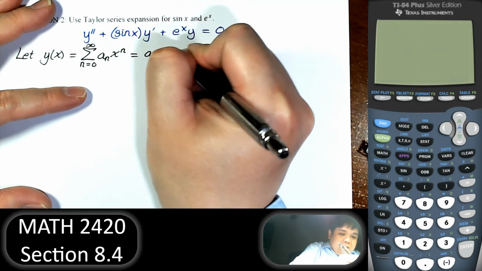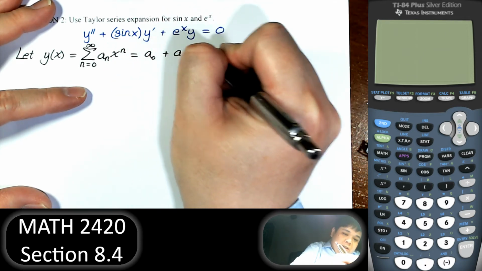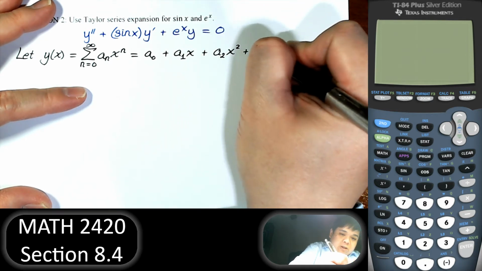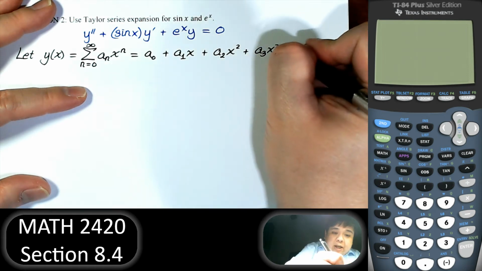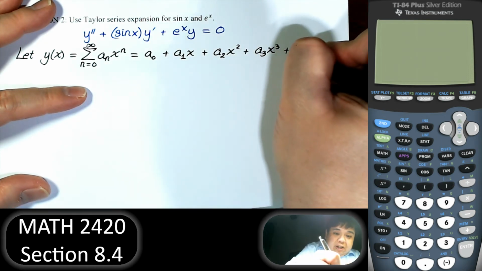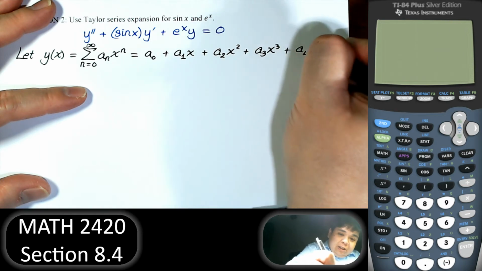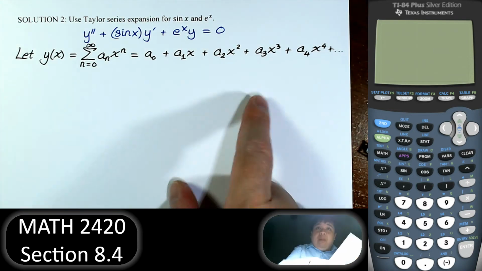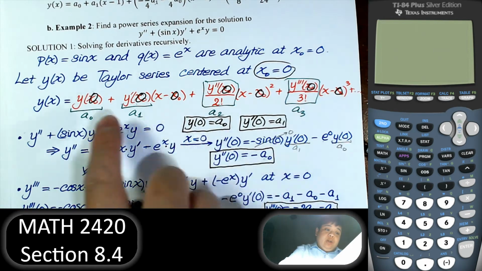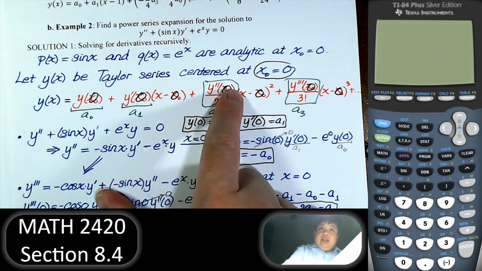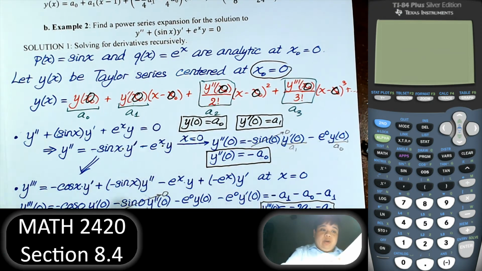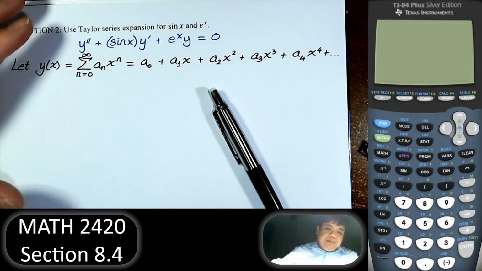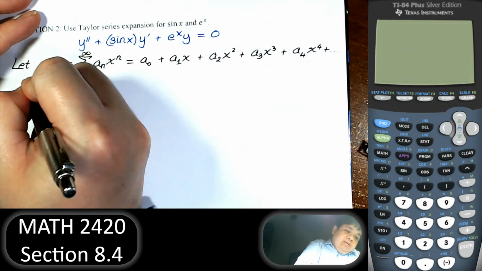A naught through 4 terms, because the derivative is going to be... Now you see, that is the power series in general, as opposed to the Taylor series when we have the function derivative divided by the factorial. So that is the Taylor series. This is a power series in general. Then take the derivative.